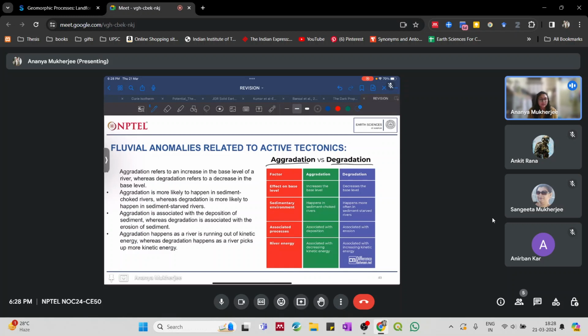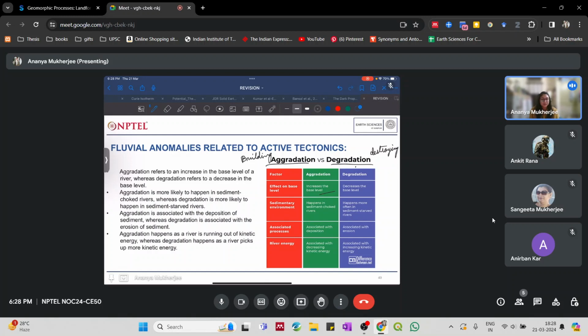One is aggradation and degradation. Aggradation is mostly building up of landform, and degradation, as you can understand from the term itself, is destroying the landform. So when aggradation happens, you have an increase in the base level of the topography, and degradation actually decreases the base level.